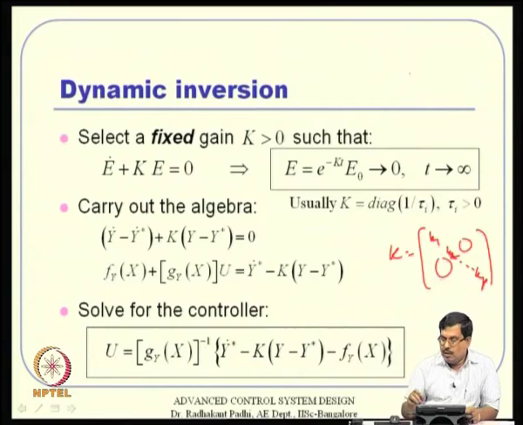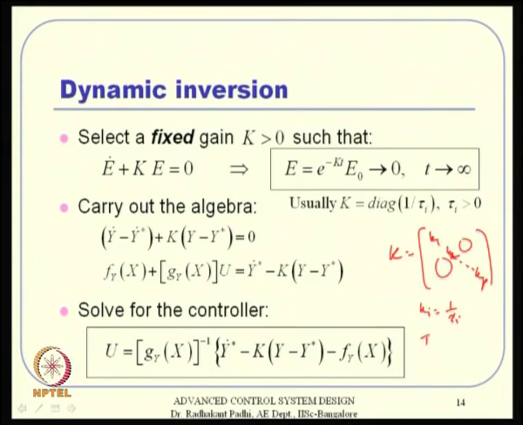Then this ki that we are talking about will be ki equal to 1 over tau i, and this tau i is selected based on the philosophy that the settling time is nothing but 4 tau i. So, in any design, if you have a settling time specification, then you can select an appropriate tau for that, because 4 tau is the settling time. So, you can compute the tau, and you can compute the gain as 1 over tau, and then these gains will go as diagonal entries in this gain matrix k.